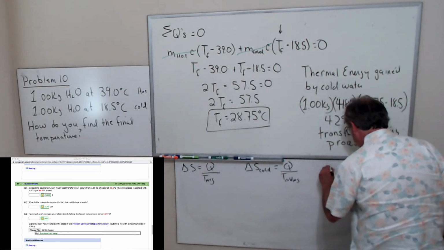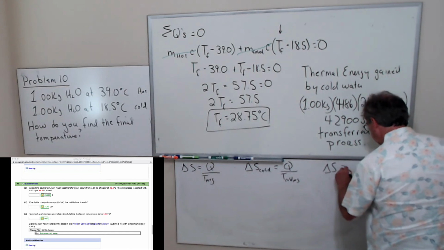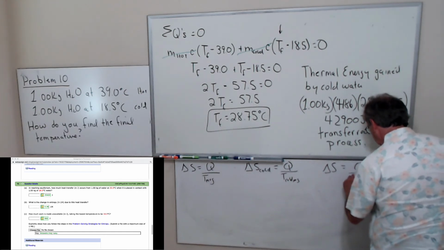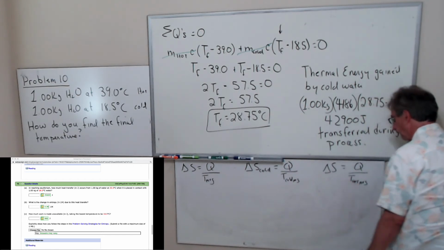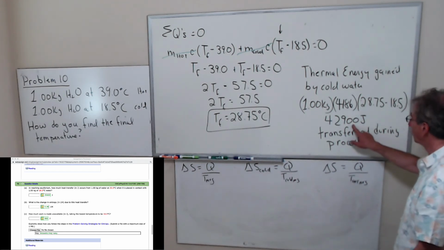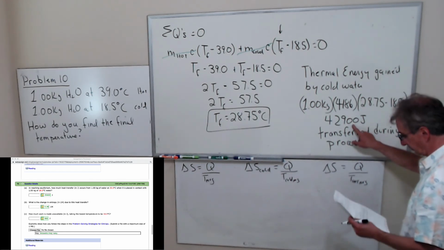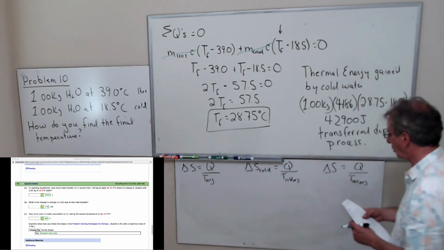And I got to find delta S for the hot. Okay, in either case, this is the amount of energy. One gains this, the other one loses this. Okay, so let's find delta S cold.